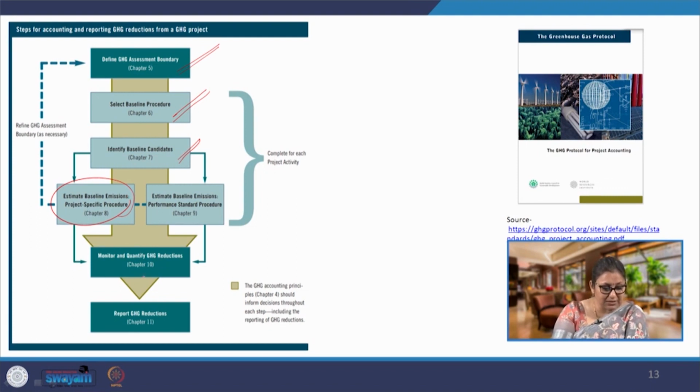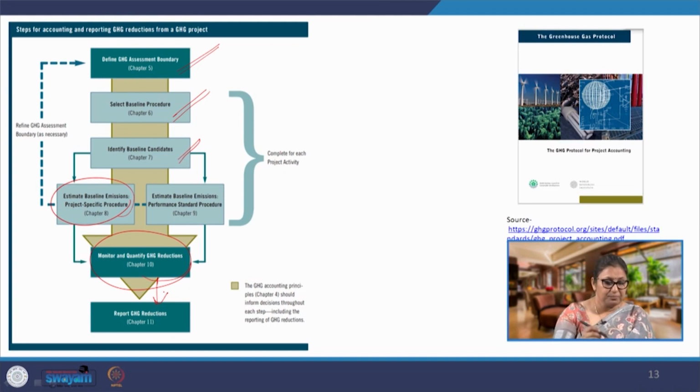This will give us the GHG reductions from baseline to the accounting year, to the reporting year, and then we will take it to reporting the GHG reductions. This is the generic process, and then the activities within this.